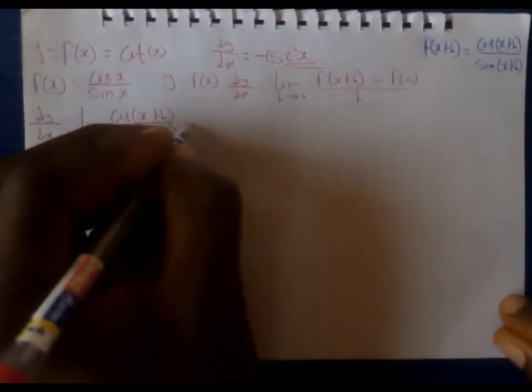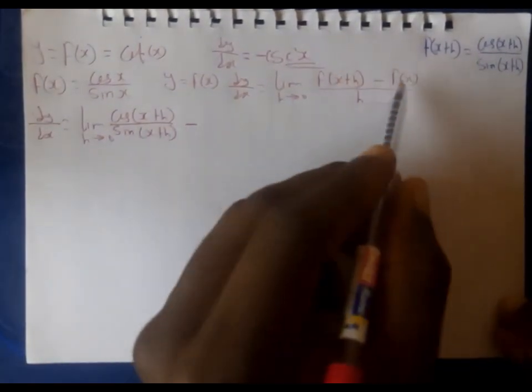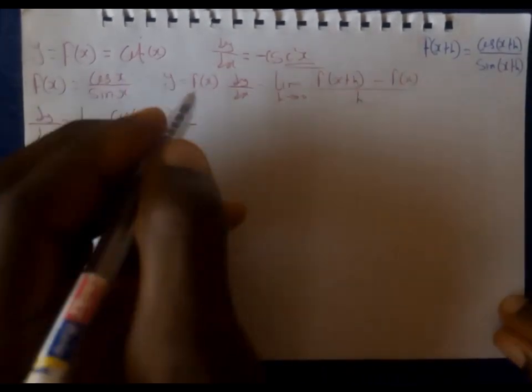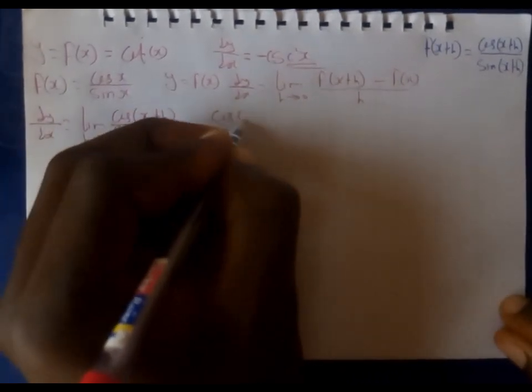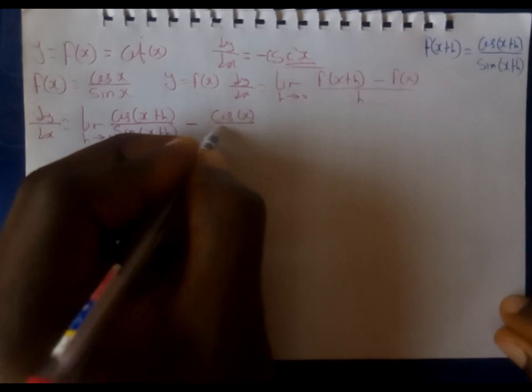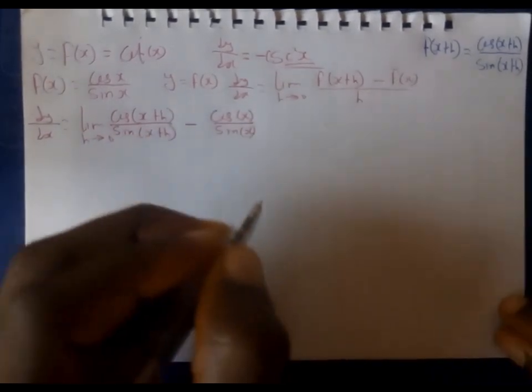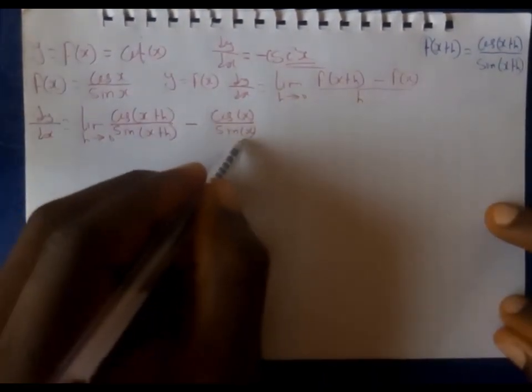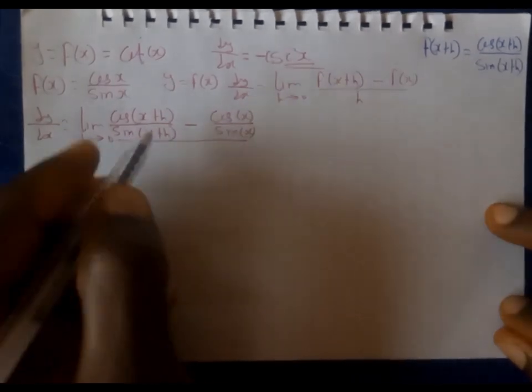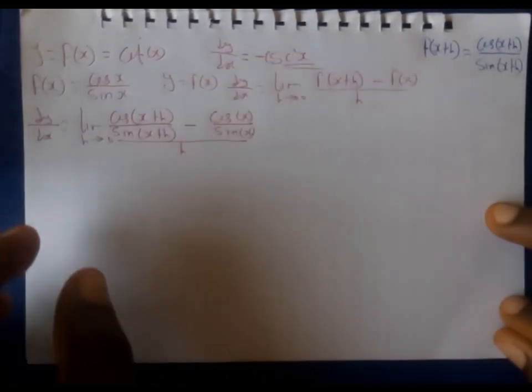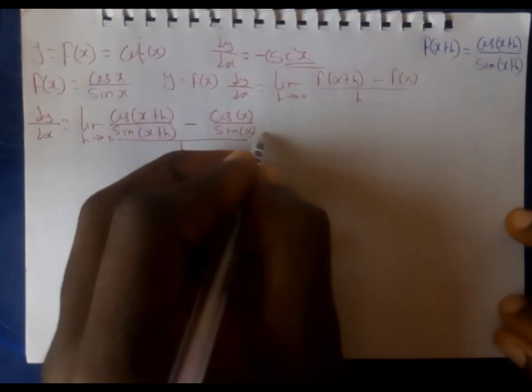Then we have minus f of x, which we said is cosine x over sine x. Perfect. Now we still have a division by h. Good. So this is a compound fraction. We have to simplify that.